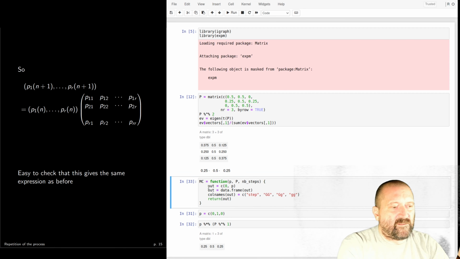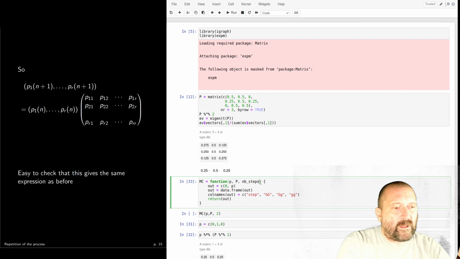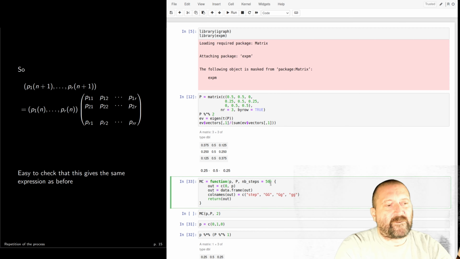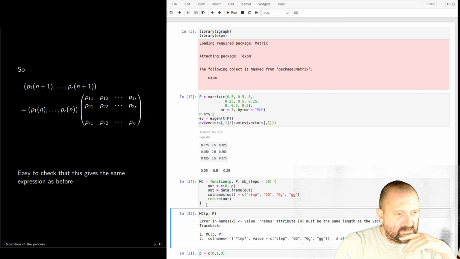So let's evaluate this, and what am I going to do? I'm going to call MC of P, little capital P, and actually, by default let's say 50 iterations, okay? So we don't need to give this information. What am I saying?